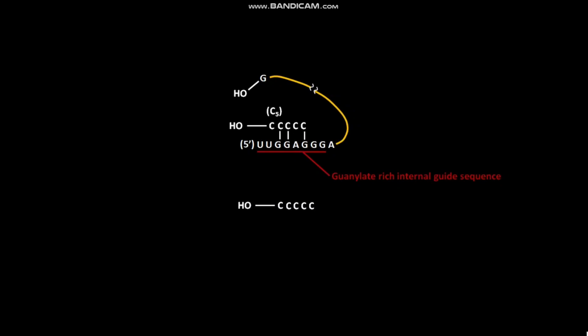The hydroxyl group attached to the 3' guanine attacks the bond between two adjacent cytosines in the C5 oligomer.